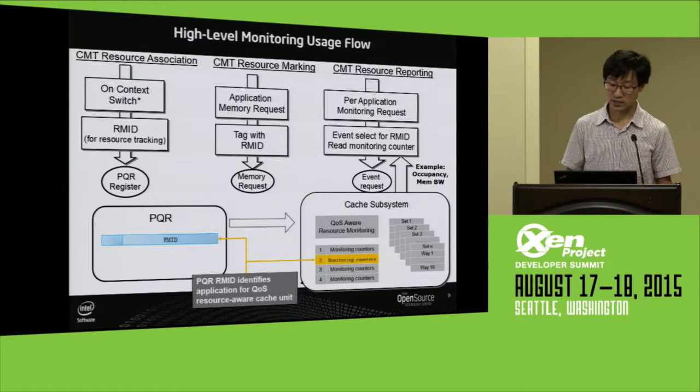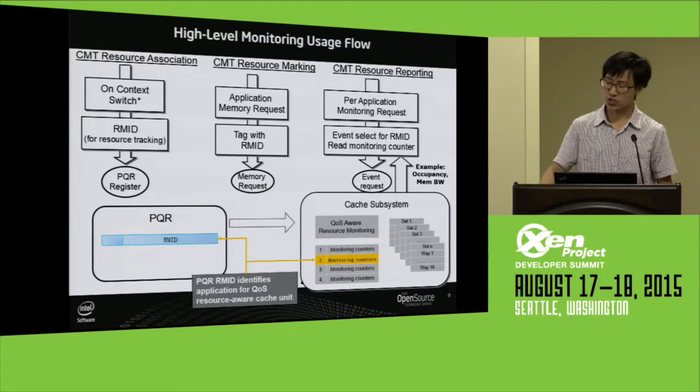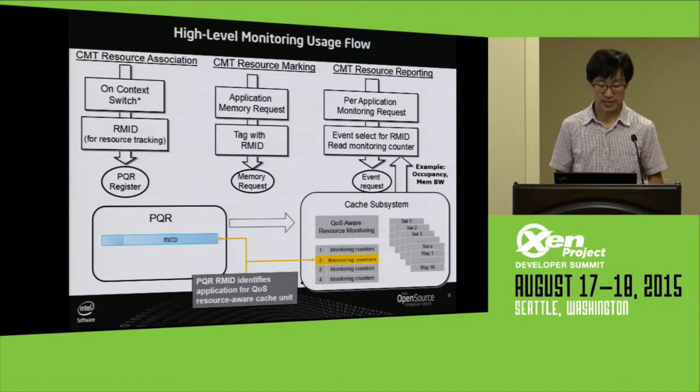Actually, hardware doesn't care about this. It only cares what RMID is running on the current CPU. So for each context switch, software needs to tell hardware the next RMID that will run.